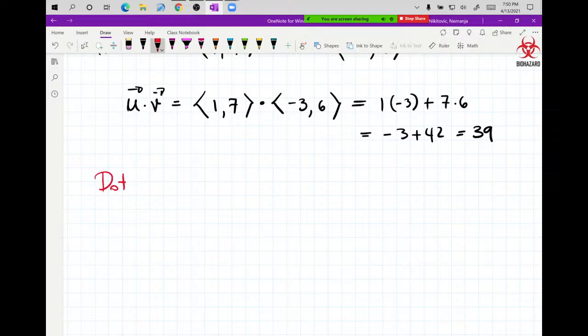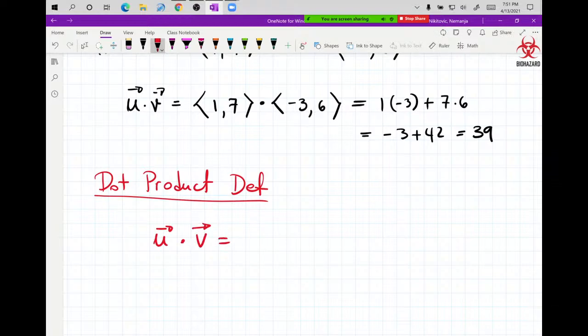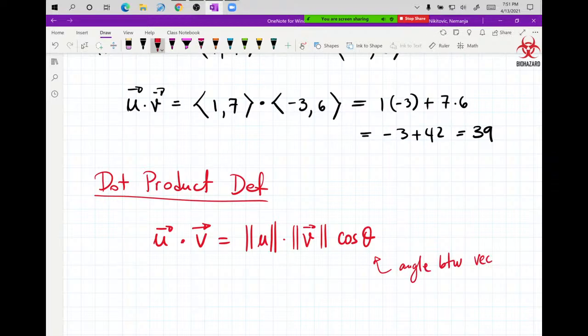So again, it is the definition, but it's the other way of looking at it. u dot v can also be computed as the magnitude of u times the magnitude of v times the cosine of the angle between them. So this is the angle between vectors.